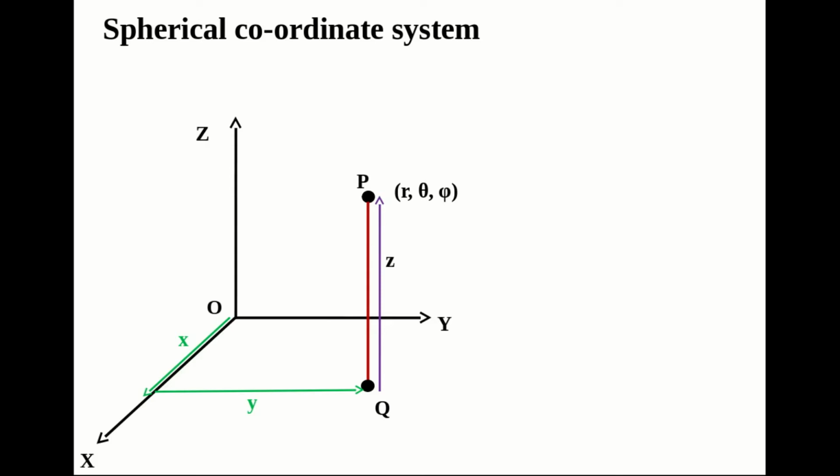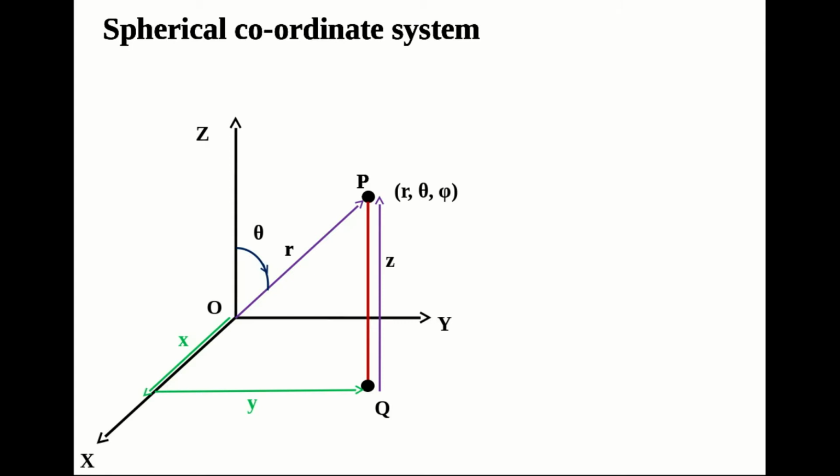Let us locate the point P using spherical polar coordinates. We consider the same point P. The vectorial distance from the origin to the point P is the first spherical coordinate R. The angle drawn from the z-axis to the vector R in the clockwise direction is the second spherical coordinate, or the polar angle theta.